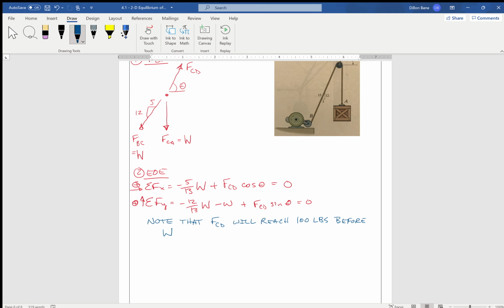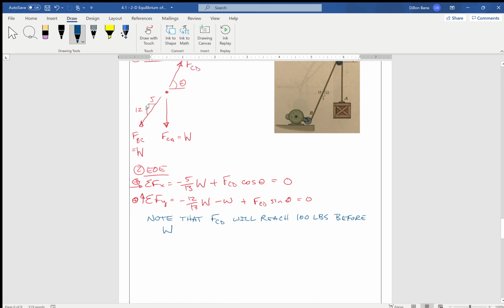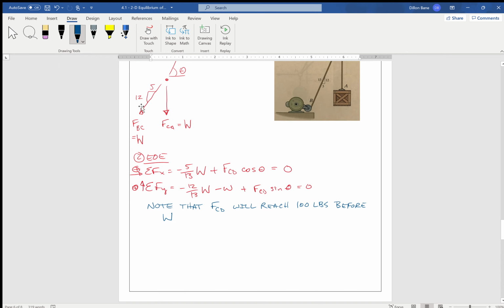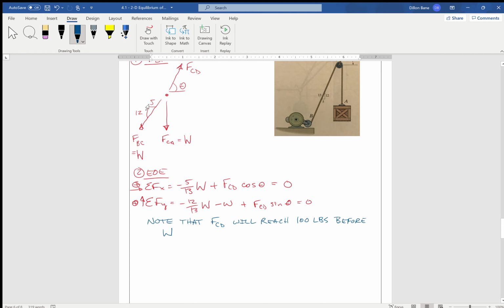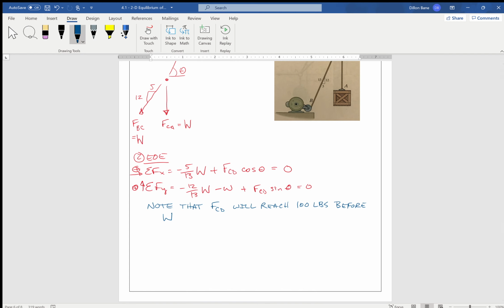So if FCD is limited to 100, then we're trying to find out the maximum weight that can be carried. All we have to do then is set FCD equal to 100 and solve for W. So we set FCD equal to 100 pounds, and then plug it back into our equations.